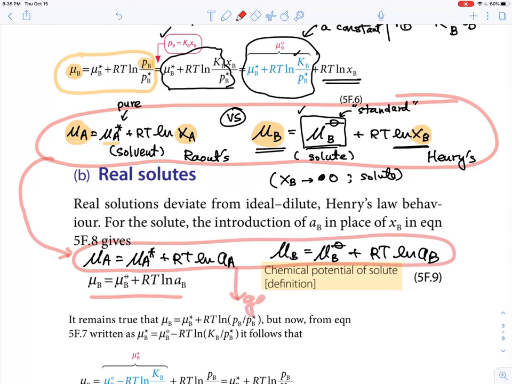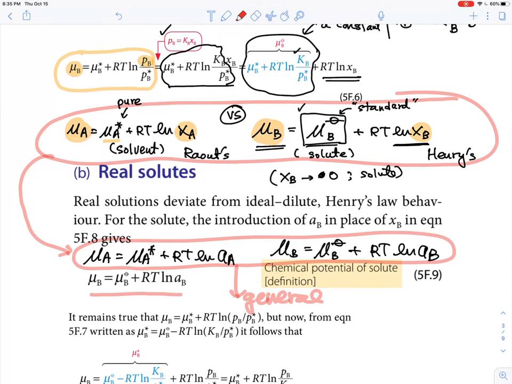So general relationship, you can start to have this concept, because once again, because B is a solute, we are essentially choosing activity in place of what used to be a mole fraction shown up here in the previous case, and we just have to accept that we cannot use the pure state as my reference state, but just something that there is a standard state that corresponds to that.